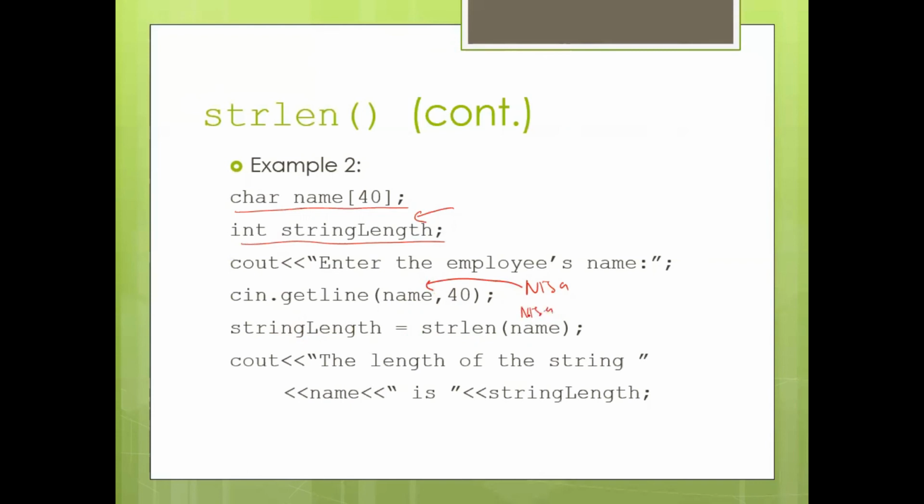So dia akan kira 1, 2, 3, 4. So kalau dia suruh keluarkan output, kita akan keluarkan output dia adalah: the length of the string Nisa is 4. Ni dia punya output kalau soalan suruh keluarkan output.